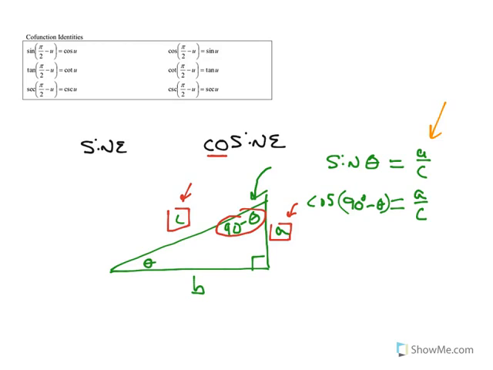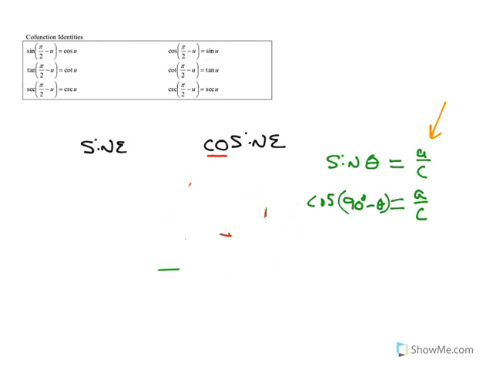So just to do a few more quick examples, we'll stick with sine and cosine for the moment. Let's say I had the sine of 30 degrees, but I wanted to write it identical to something using the complementary angle. What's the complement of 30 degrees? Complements add up to 90, so it's going to be 60. 90 minus 30 is 60.